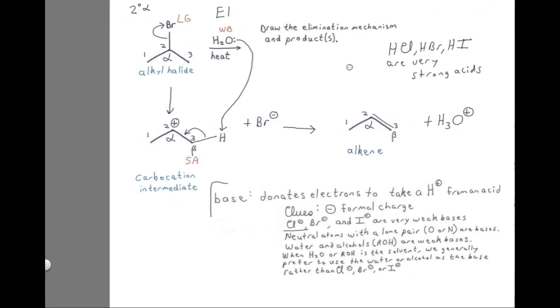The upshot is that when water or alcohol is present, we generally prefer to use water or alcohol as the base rather than Cl-, Br-, or I-, despite the fact that the water and alcohol are neutral, and these species have negative formal charges.